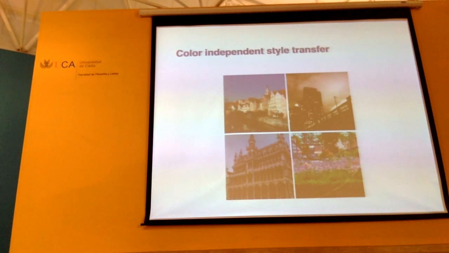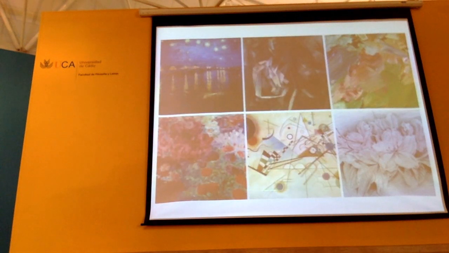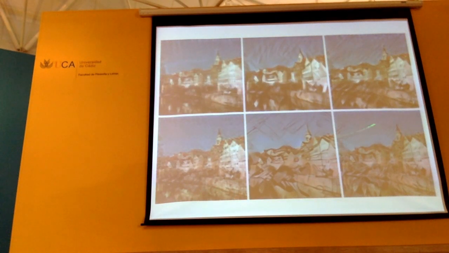So there's an example I showed you here, 4 different images, and we are using these 6 different styles. So these are images to describe the style, but we don't want to use their colors. So we want to keep the colors of the photos. And so this is Tübingen in the different styles.